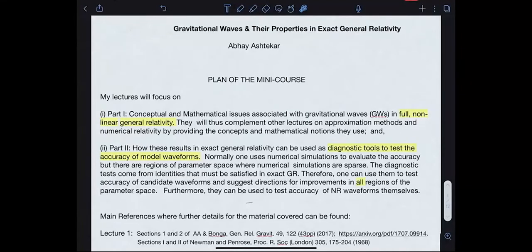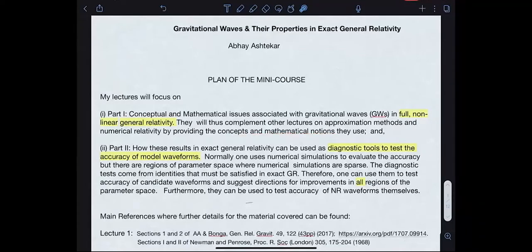So this is different from the approximation methods that you have been studying in other lectures, and also different from numerical relativity.